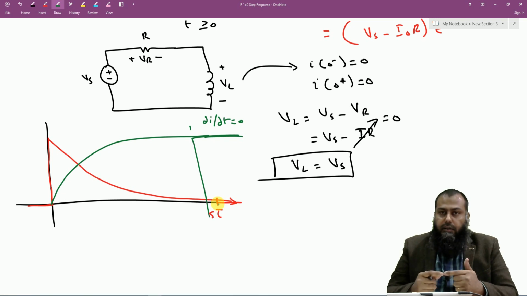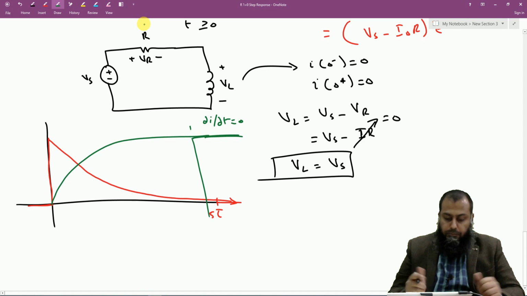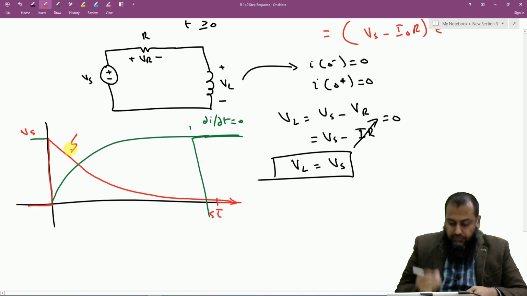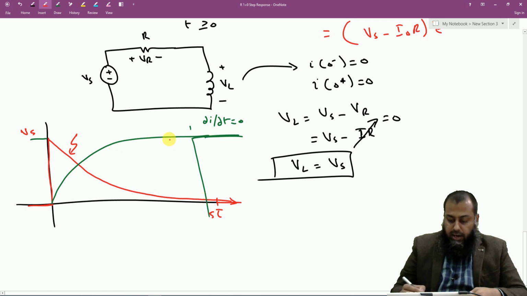The only current limiting is happening because of the resistance involved in this circuit. So the voltage will jump instantaneously to a value equal to Vs, and thereby it will follow the decaying exponential as governed by the expression of the current here.